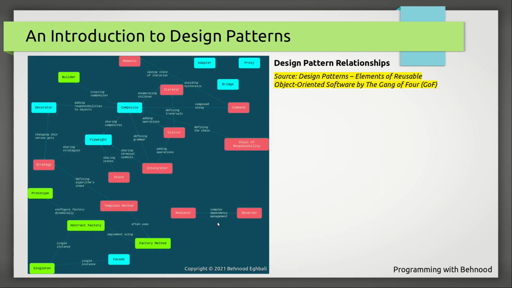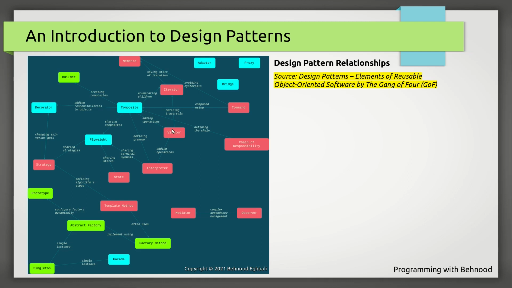There are other ways to organize the patterns. Some patterns are often used together. For example, as you can see in here, composite is often used with iterator or visitor pattern. Some patterns are alternatives.